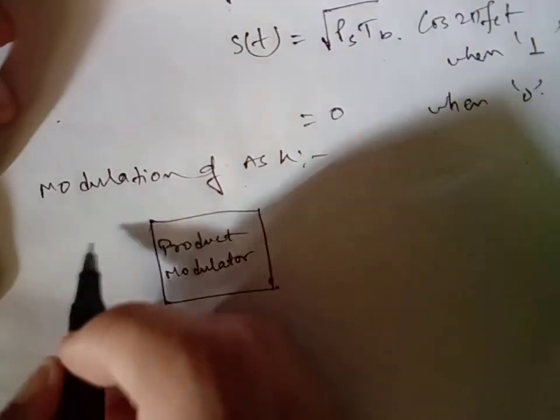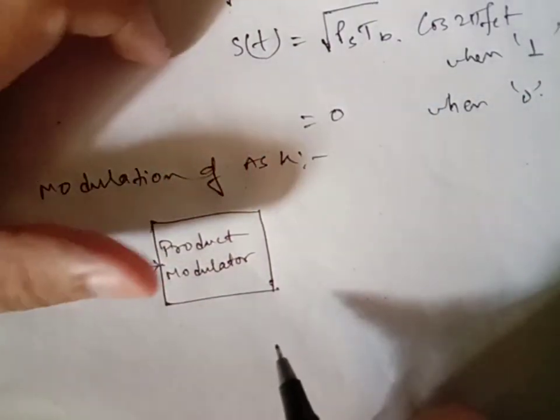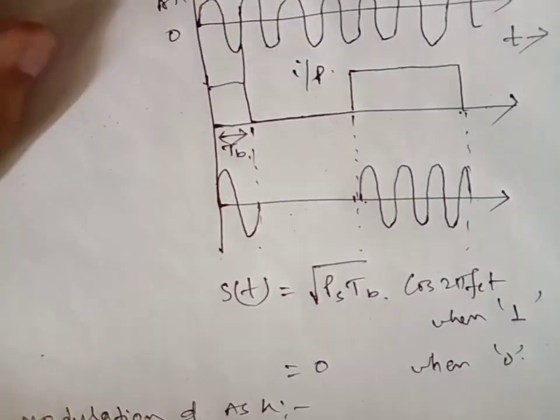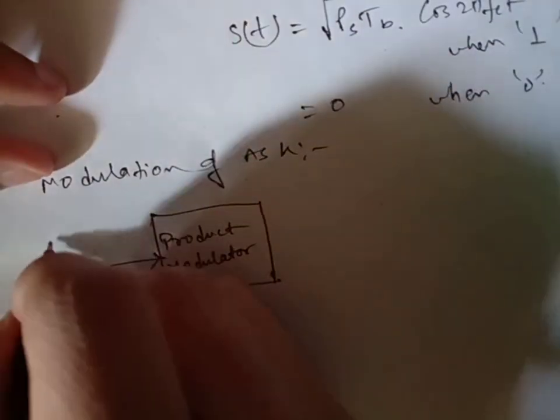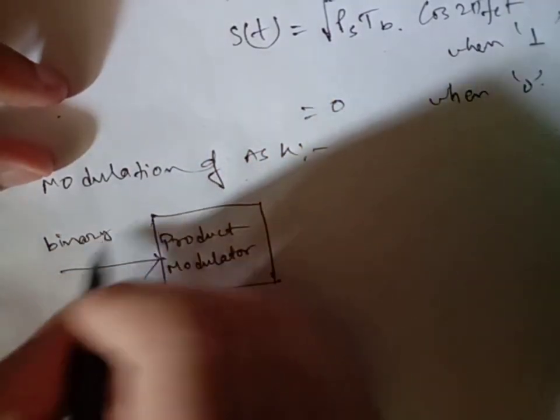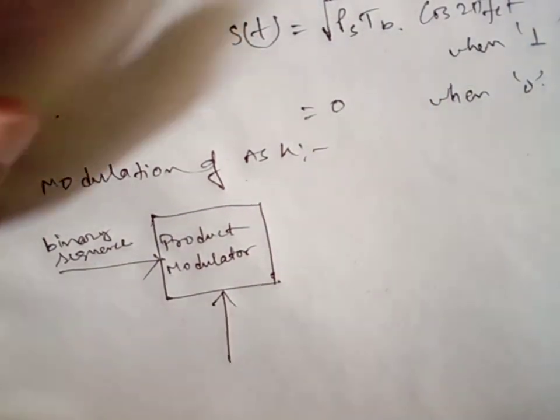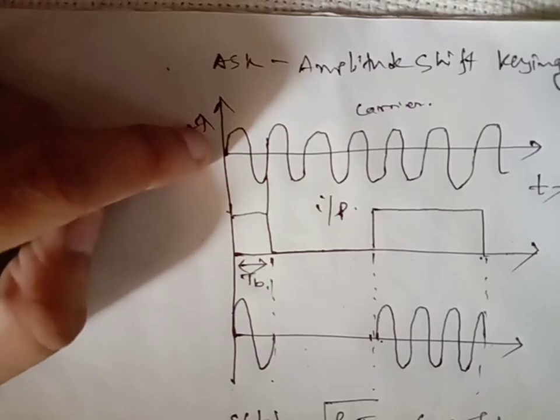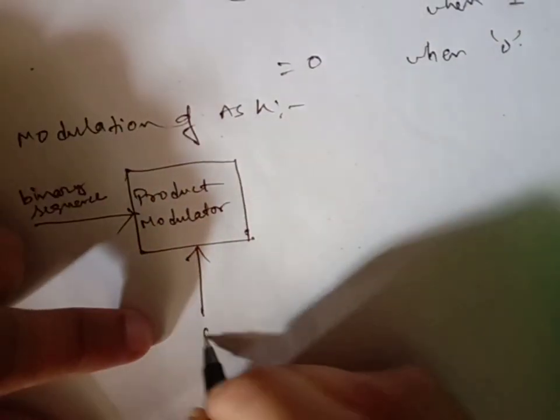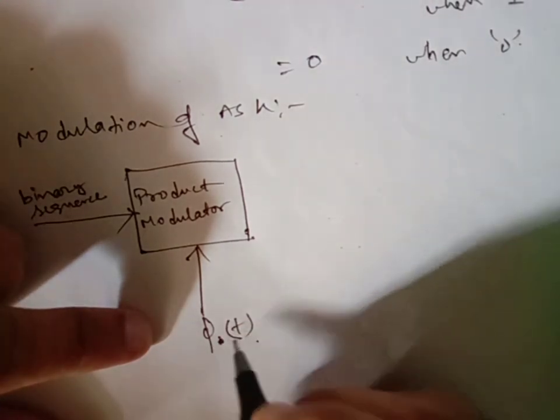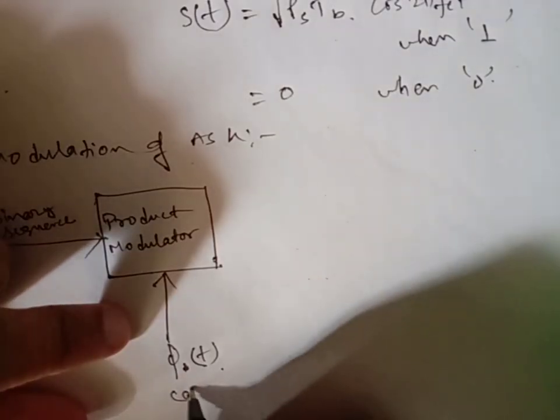One input will be the binary sequence, that is this one, 1 0 0 1 1. Another will be the carrier, this one, or say phi 1(t) or phi(t), whatever it is, carrier.